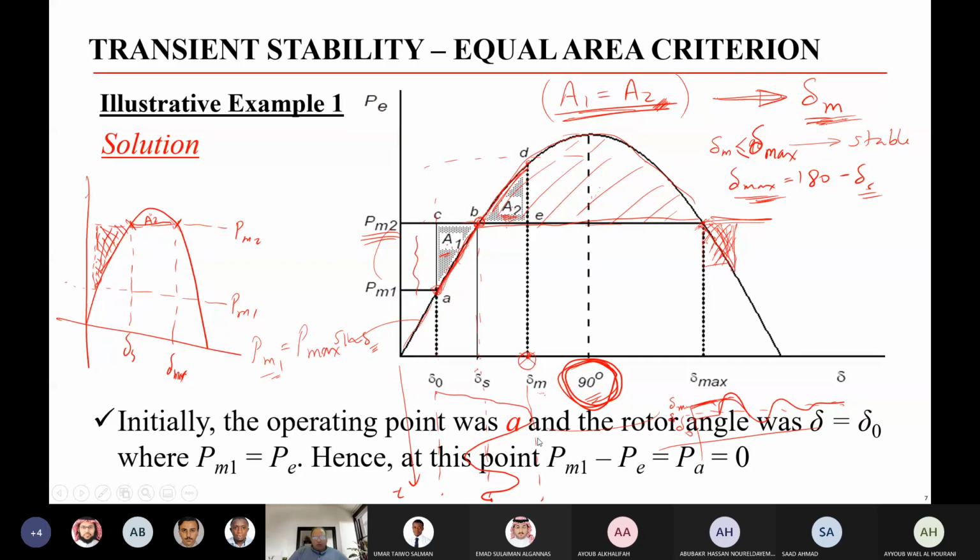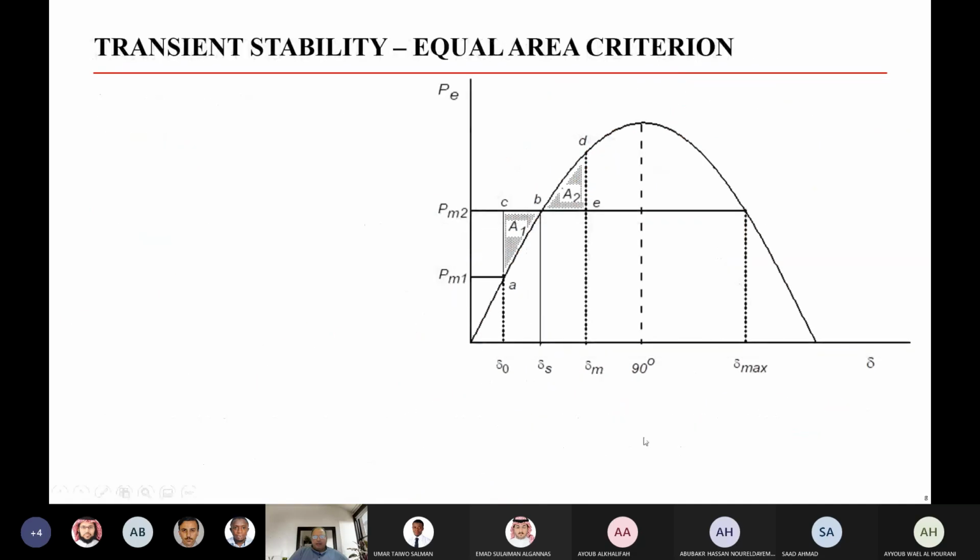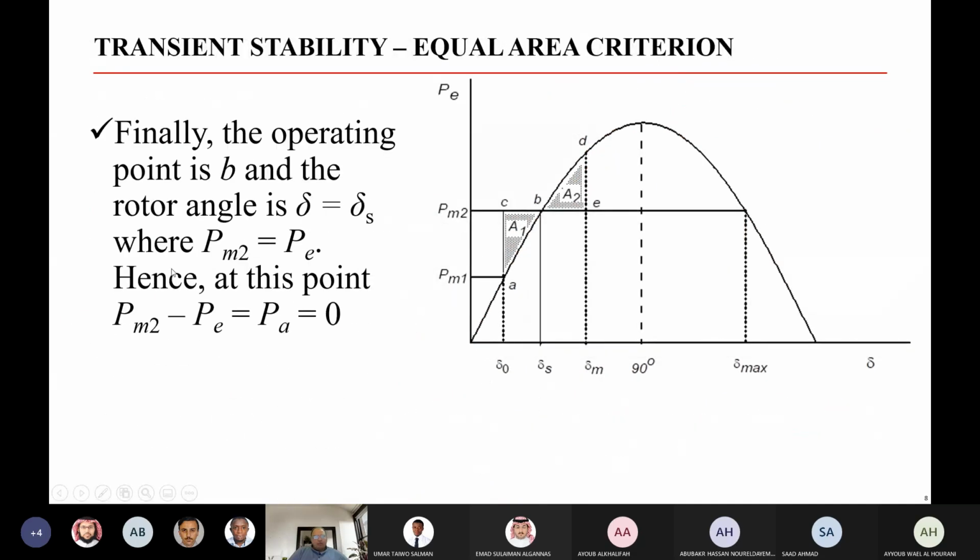Initially, the operating point was A, and the rotor angle is delta 0, where BM1 equals BE. Hence, this point is the steady state operating point. The acceleration power here equals 0. And finally, the operating point is B, after the oscillation, and this is the steady state operating point after the disturbance.